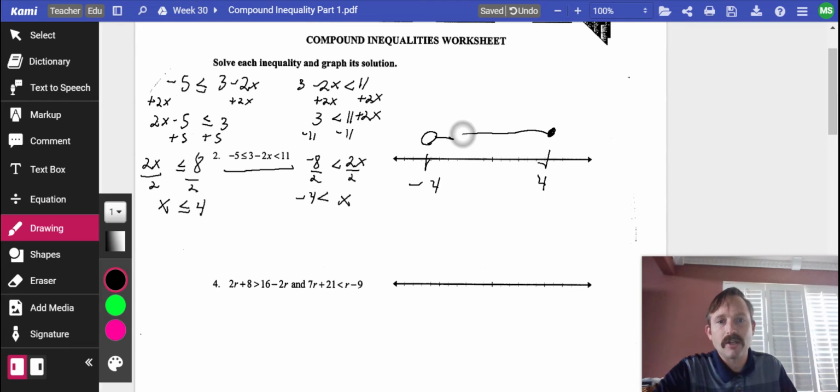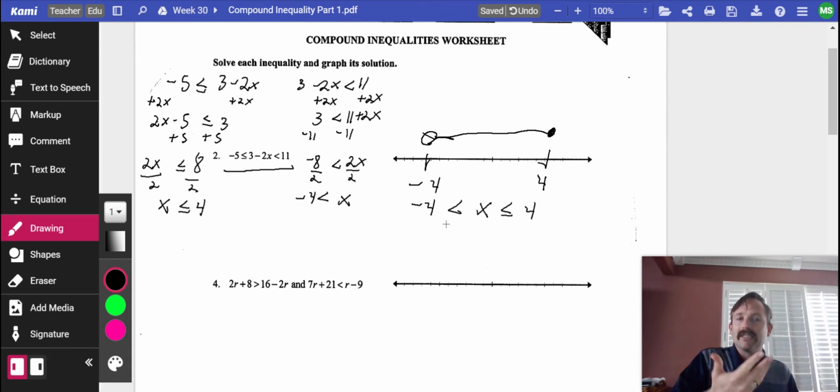And since these are together, there's no or, it's going to be and. So the solution to this inequality is x is going to be bigger than -4, but less than or equal to 4. You just take what you just made and rewrite it as a compound inequality like this.